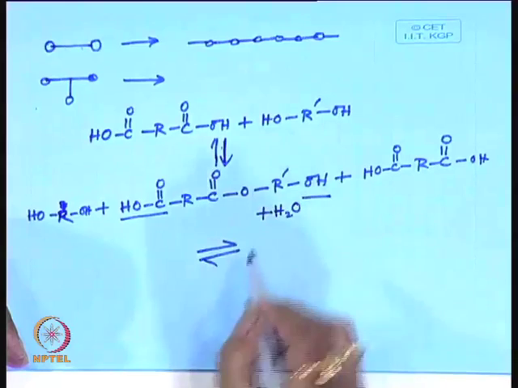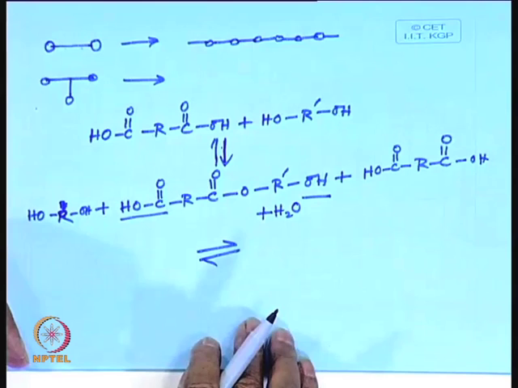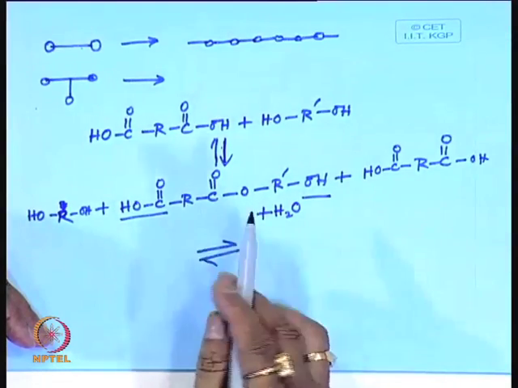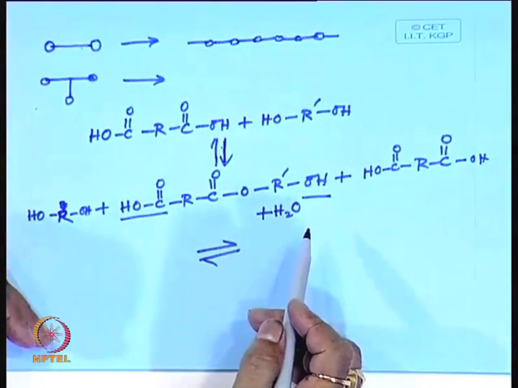So, in this case some water molecule is produced as a byproduct. Now, if that water molecule is removed from the reaction chamber, reaction medium, then this reaction will proceed towards the forward direction, breaking the equilibrium. This is a principle, you know, otherwise you cannot get the growth or progress of reaction, you will not get product until and unless you break the equilibrium.